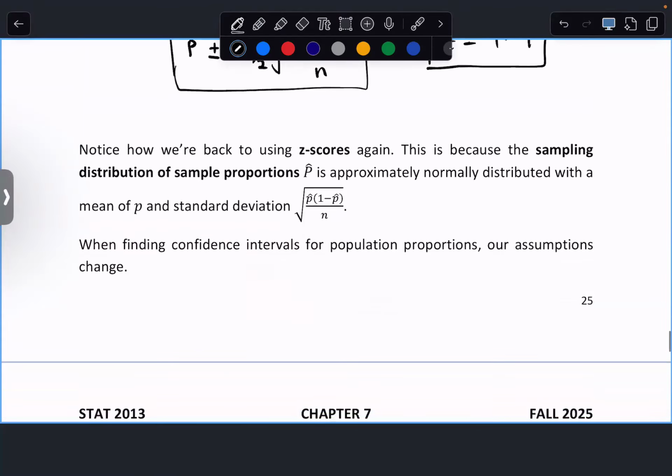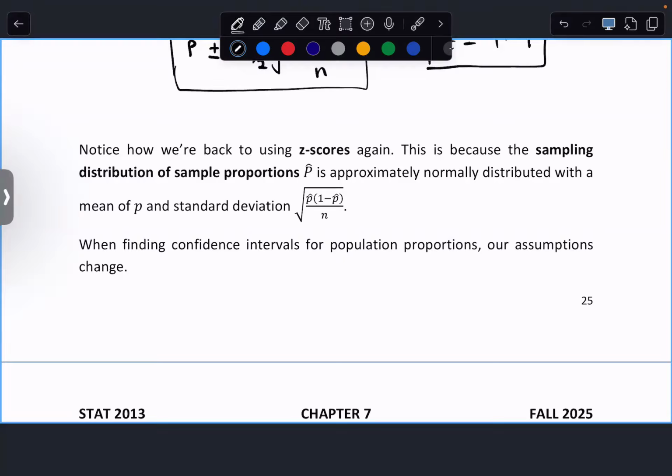So the reason why we are using the z-score critical value here is because, if you remember, in chapter 5 when we did the binomial distribution, the binomial distribution uses proportion, and we said that the binomial distribution can be approximated by a normal distribution.